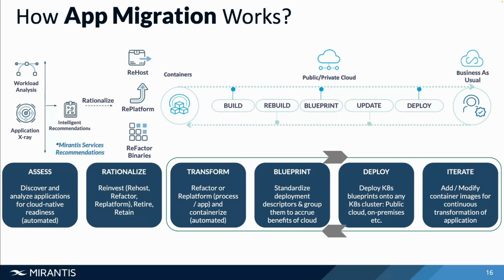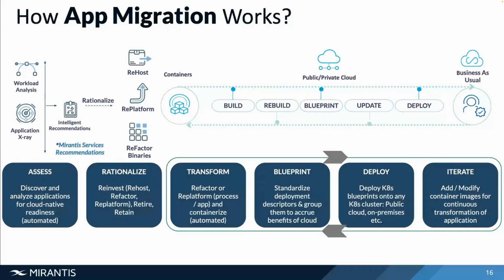Once this is all done, we move towards the continuous integration and continuous deployment or delivery platform, right? In that case, we need to take these applications and transform them, which means taking these applications from VMs and putting them in containers. That's one of the first steps. Then we would need to build the blueprints for these containers.